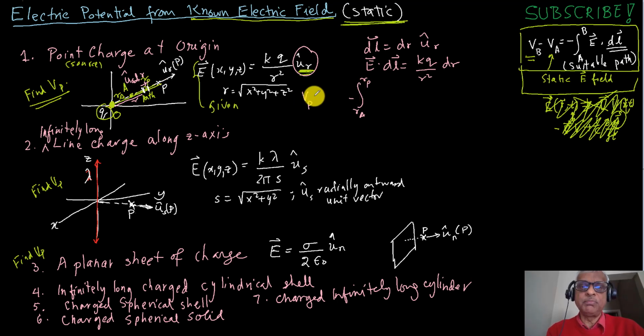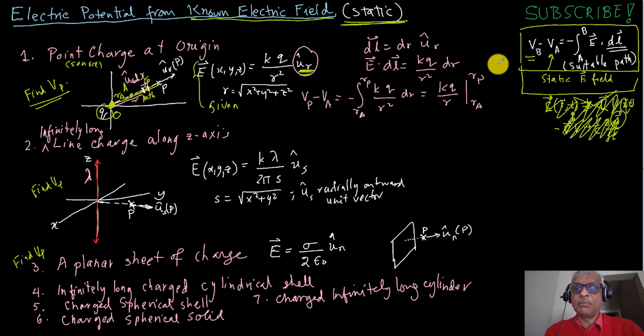So I'll get V_P minus V_A equal to the integral of kQ over r squared dr. When I integrate, this minus kills this minus, so this is going to be kQ over r, evaluated from r_A to r_P, so kQ over r_P minus kQ over r_A.